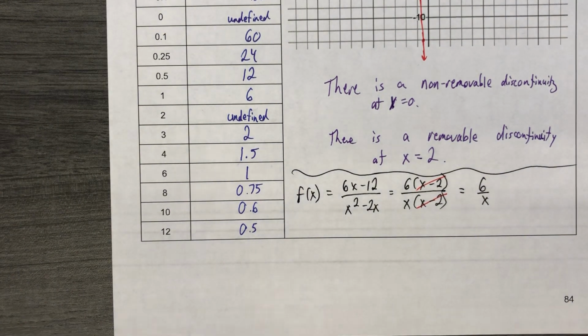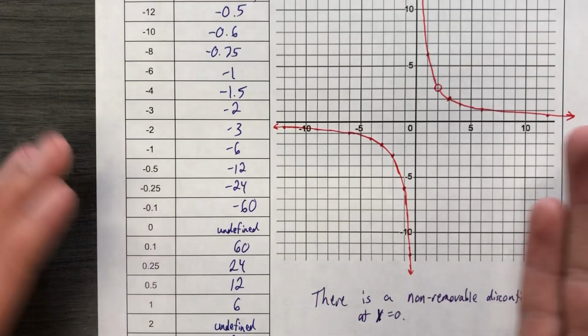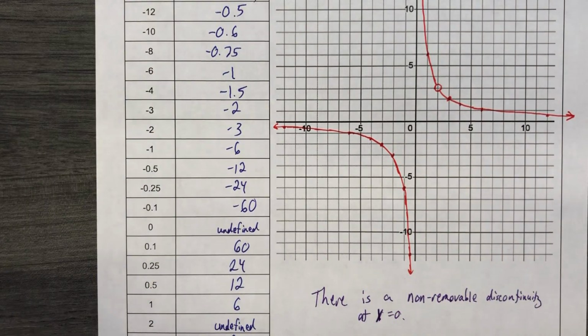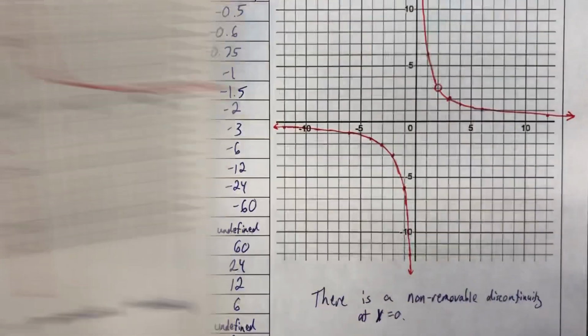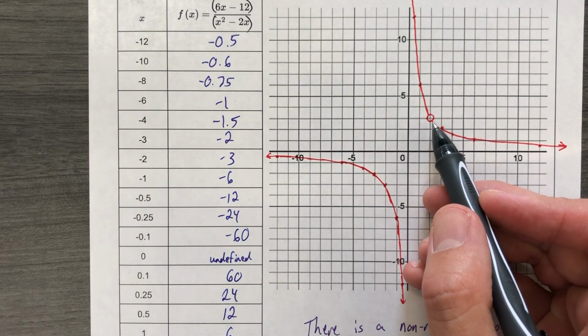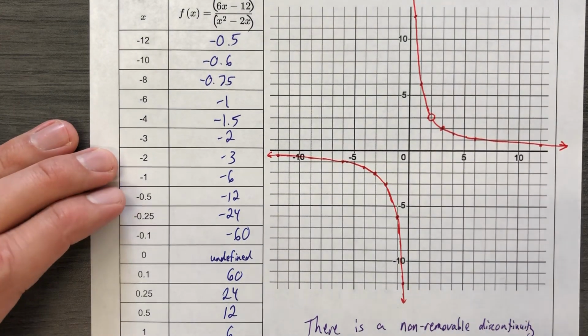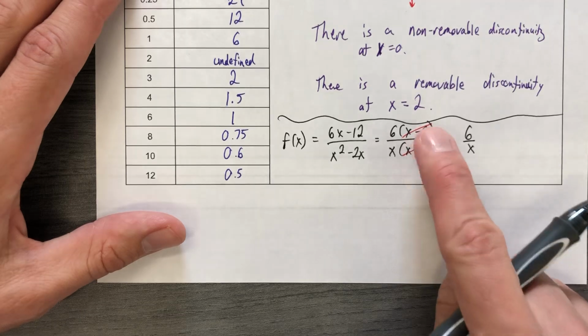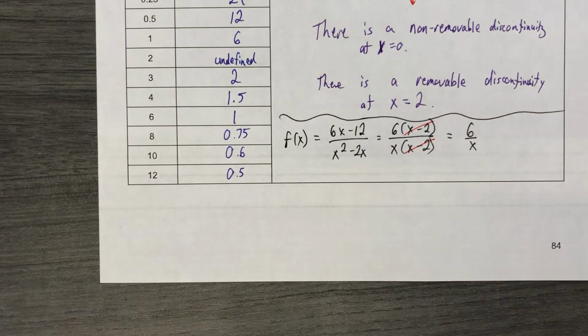That's why this graph that you just did was exactly the same as this graph, except at one point. And that one point was at 2. That's the only exception. So that one point was at 2 because of these things that I canceled out, and I don't want to just toss them out.